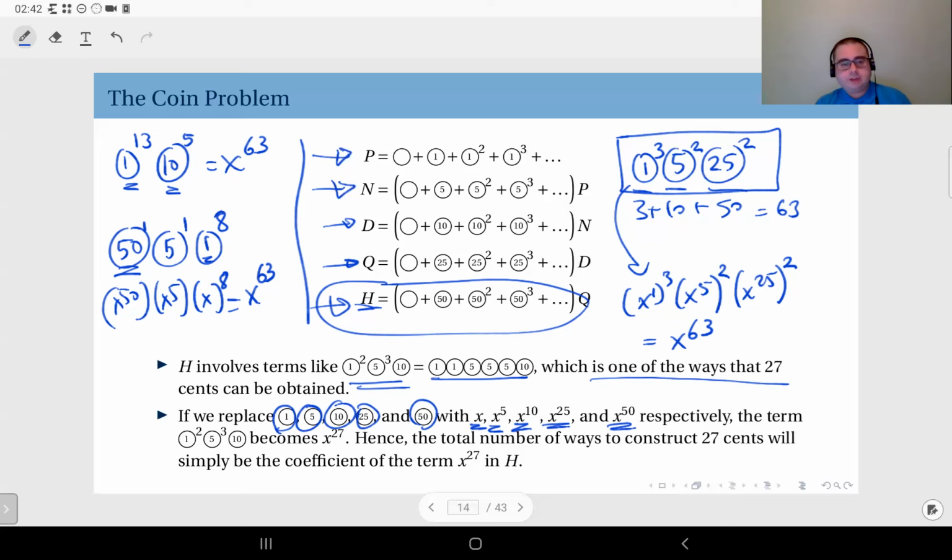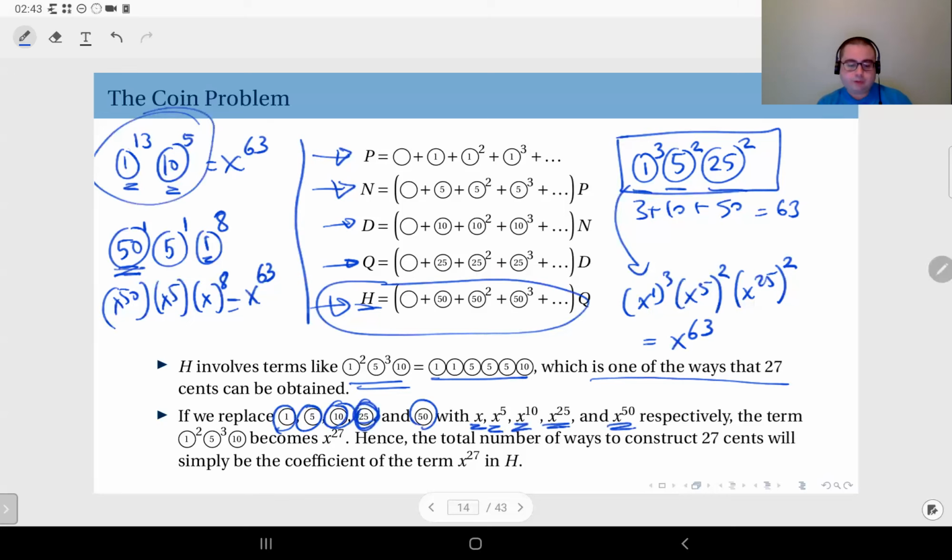But if I replace this coin with x to 50, this coin 25 with x to the power 25, this coin with x to the power 10, etc. Consider 63. All combinations of 63 appear exactly once.